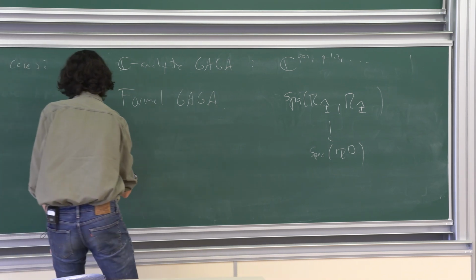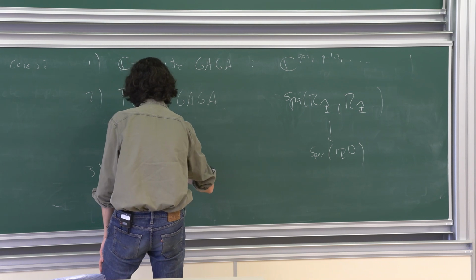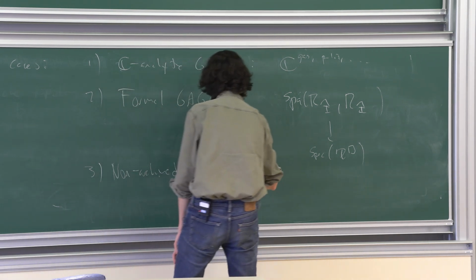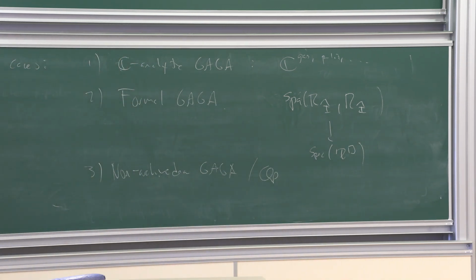It also includes non-Archimedean GAGA, say over Q_p or any complete non-Archimedean field.